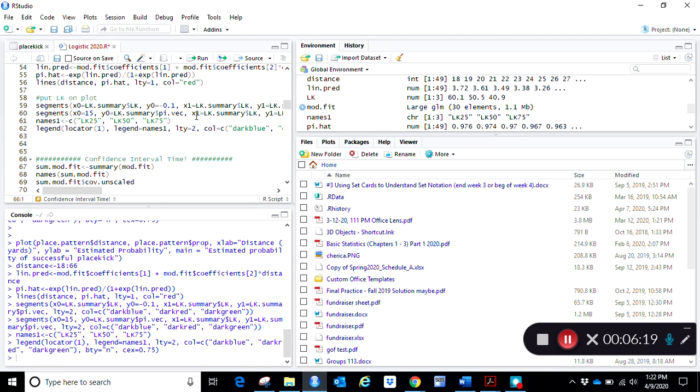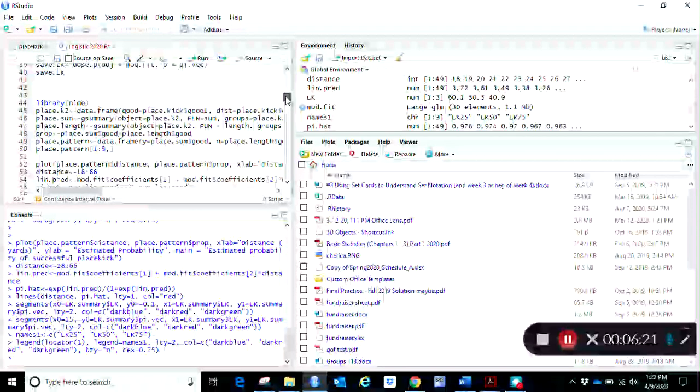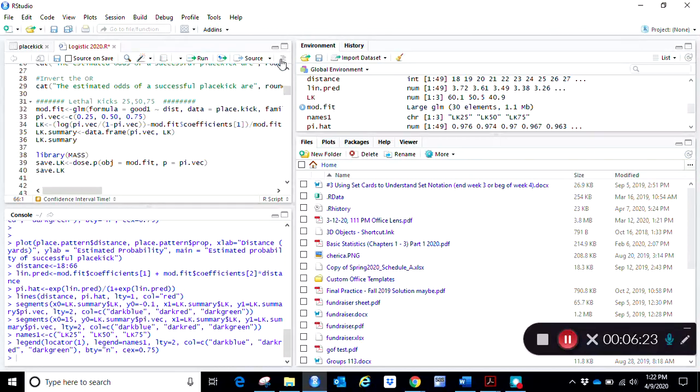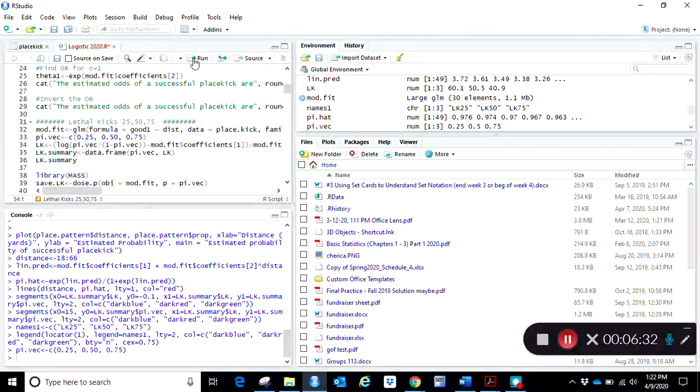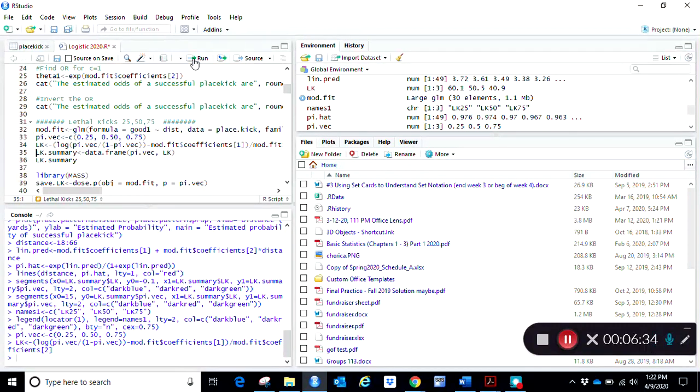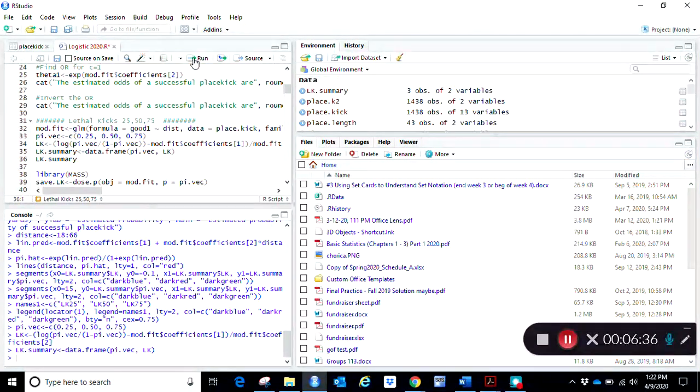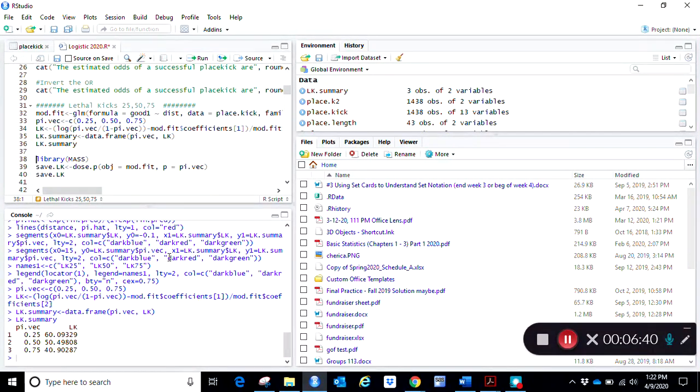So now actually doing that here, there's my pi.vec, calculating the actual lethal kicks, putting them in a nicer data frame, and then finally printing them out.